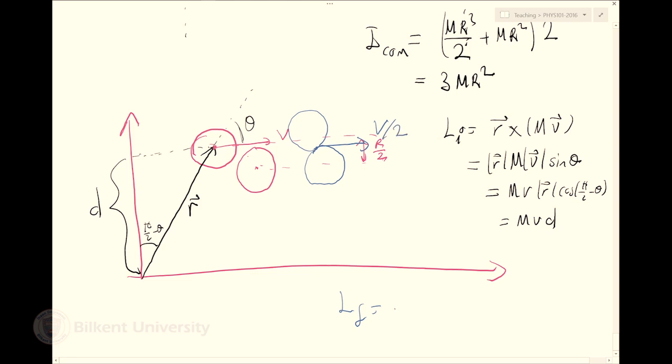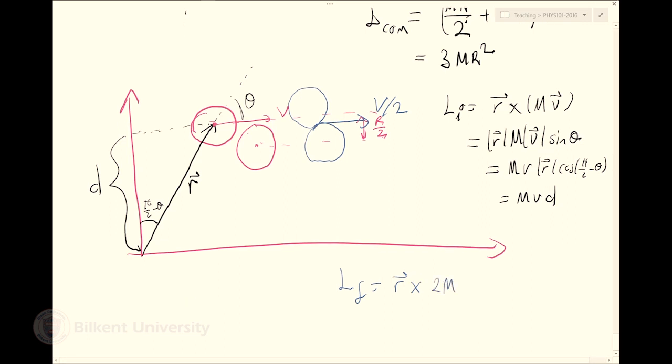I will have r cross 2m times v over 2. And now the blue r vector, maybe let's call this r prime. Okay. R prime cross m v again.